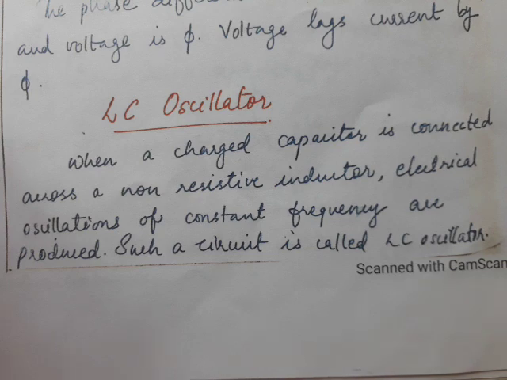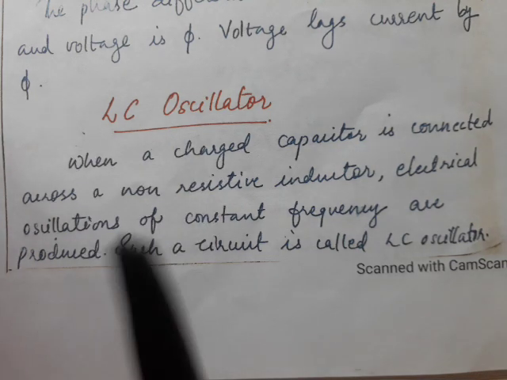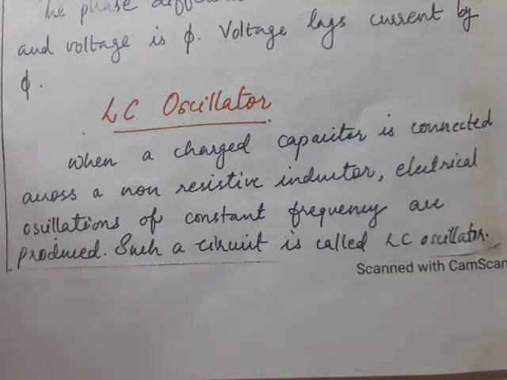Now let us consider the LC case, the inductor and capacitor connected together. Other than the usual way of LC connection, there is a special case of LC which is called an LC oscillator.